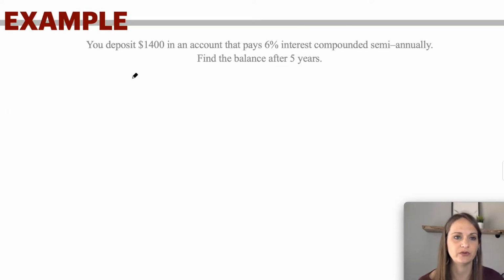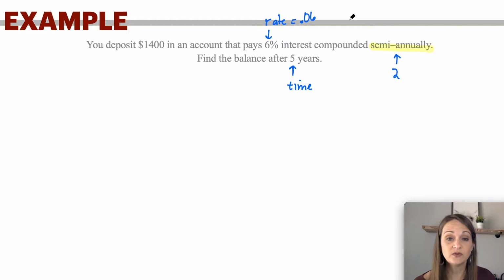So for example, you deposit $1,400 in an account that pays 6% interest, compounded semi-annually. That means 2 times. So we know that this is R. We know that this is your time. Just make sure that rate is put as a decimal, not as the percent.